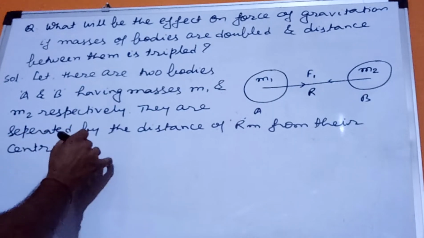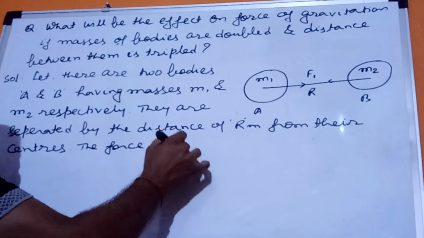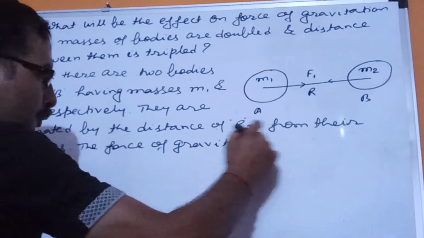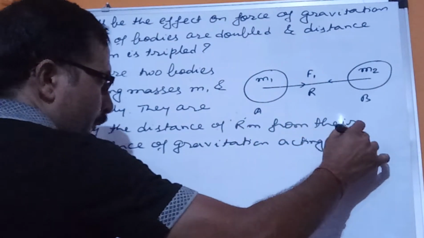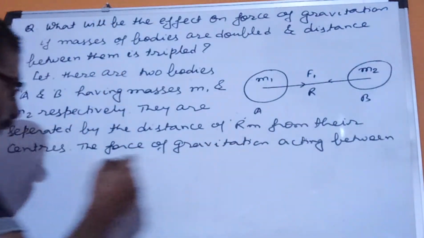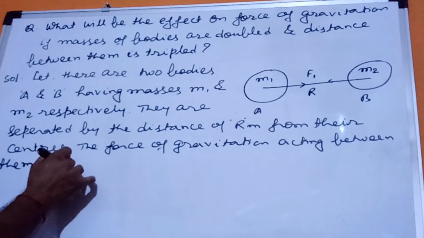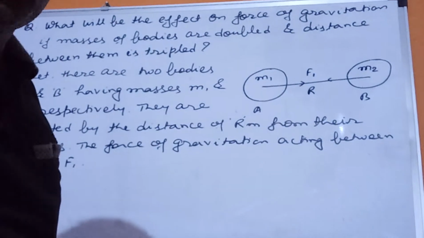The force of gravitation acting between them is F1.